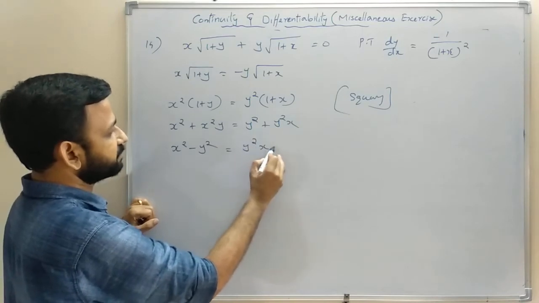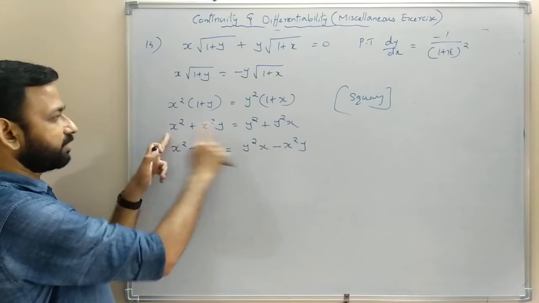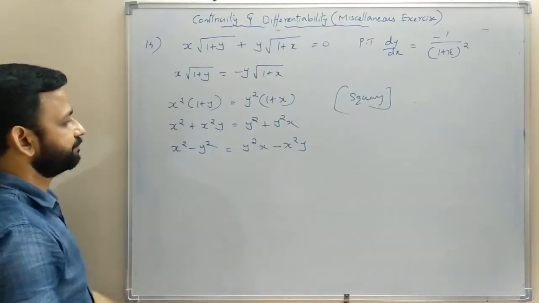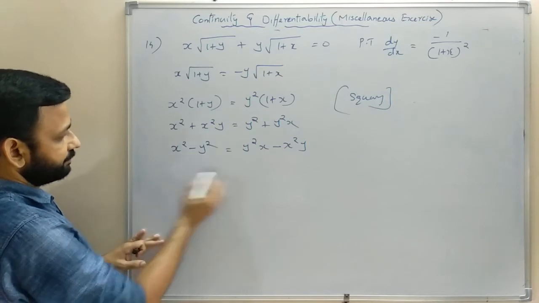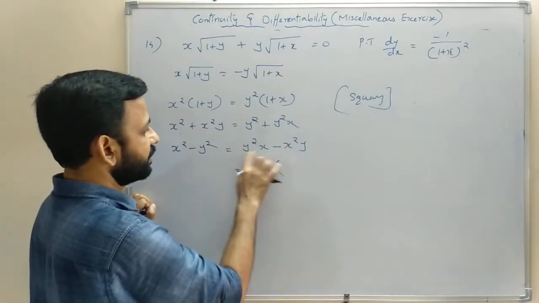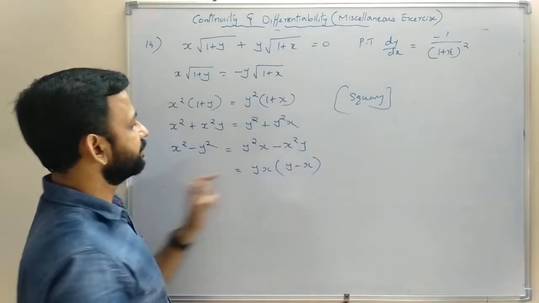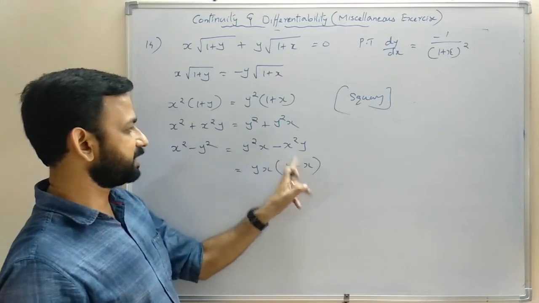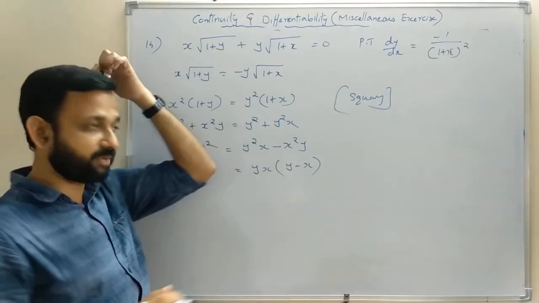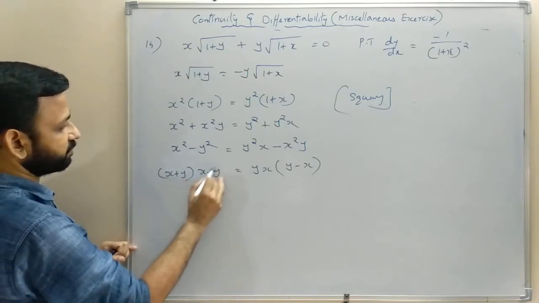So y square x minus x square y. y square x already there. x square minus y square, then y square x minus x square y. That is equal to yx we can take outside. When you take yx outside, then y minus x will be there. And here a square minus b square, that is a plus b into a minus b. So that is x plus y into x minus y.